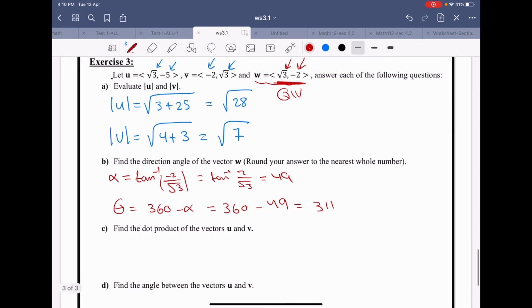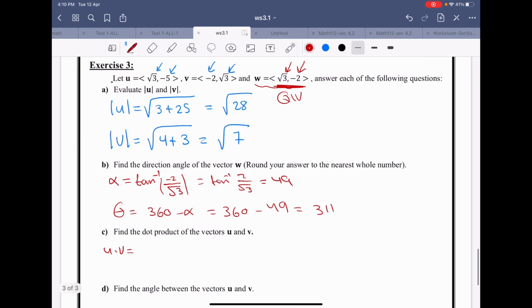Okay. Find the dot product of U and V. Use the formula of the dot product. This is U, let's write them down: root 3, negative 5, times root 3... negative 2 root 3.